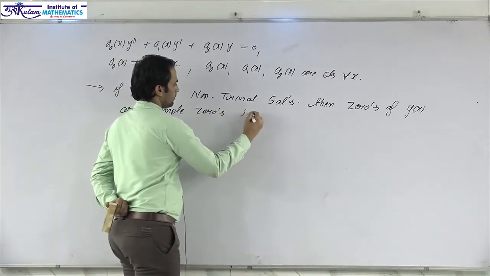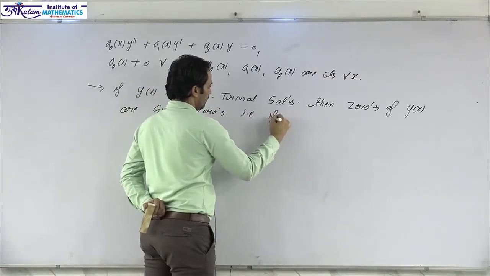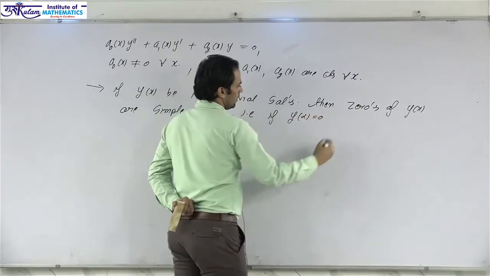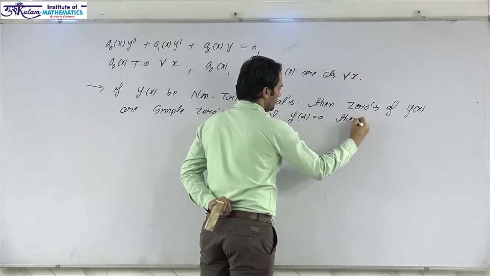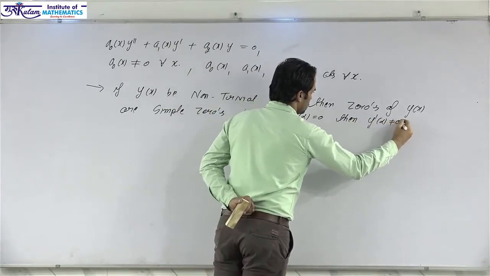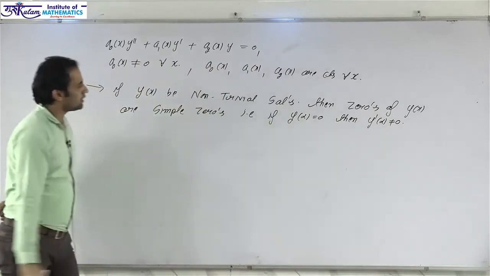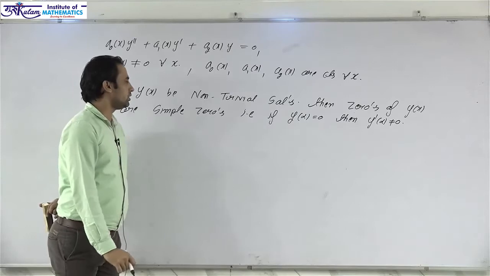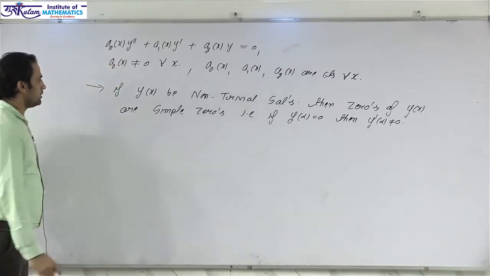That is, if y(alpha) is 0, then y'(alpha) is never 0. So, this one is the first property. The zeros of any non-trivial solution are always simple zeros.